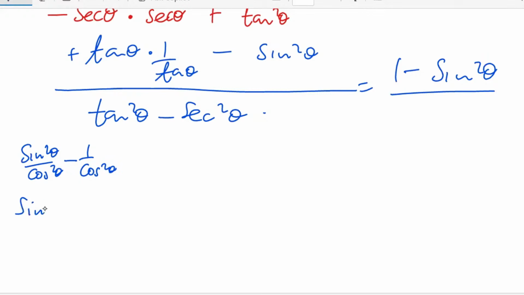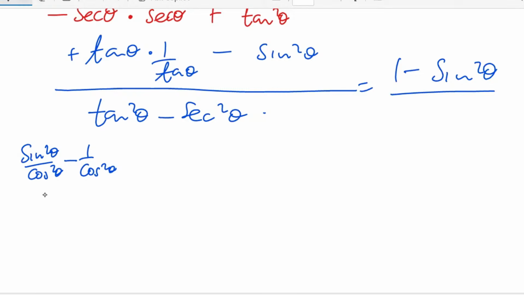Okay, no, let's just do it because we're seeing it's the same denominator, no?